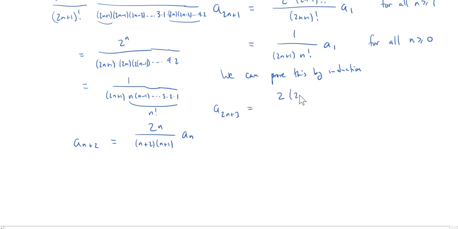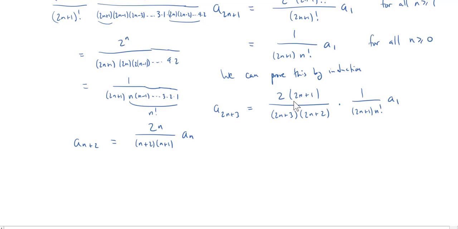So that'll be 2n plus 1, over, we copy the number, 2n plus 3. 1 less, that'll be 2n plus 2. And then our a sub n, that's the one that's 2 less. Well, we already know that's 1 over 2n plus 1 times n factorial times a1.